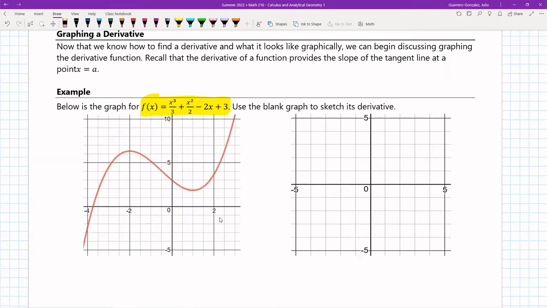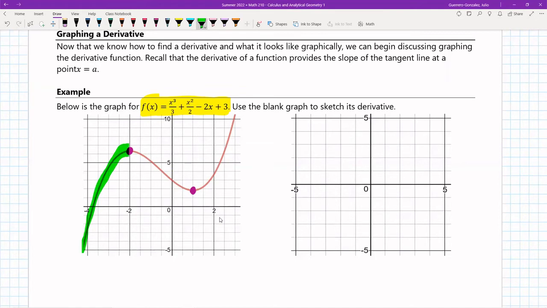So automatically, I want everybody to take a look, and we're going to notice that there are two real important points. There's one right here and one right here that split up our graph, okay? In particular, I want everyone to notice that on this strip our graph is increasing, okay?